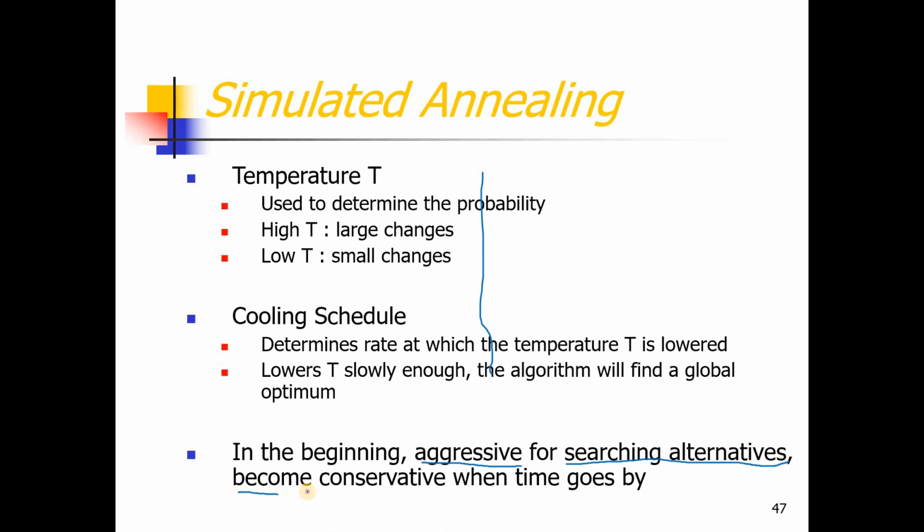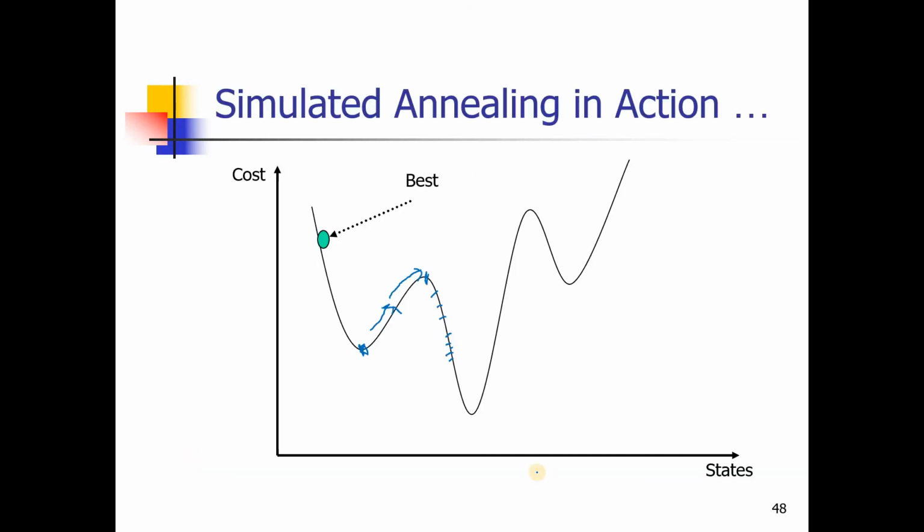But slowly you start taking smaller steps, you become conservative. Conservative means more restricted. Take smaller steps when time goes by. That's what we discussed previously. Initially you take big steps, you are more aggressive, and slowly you start making smaller changes.